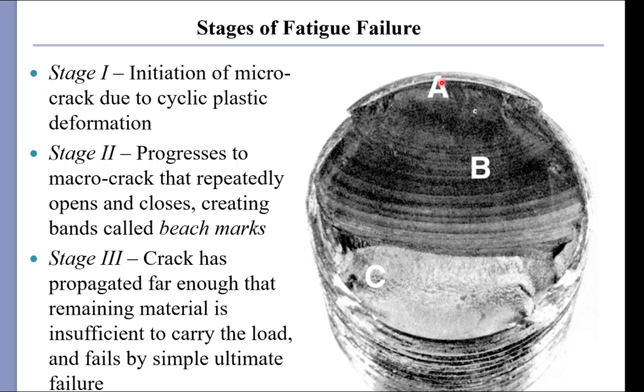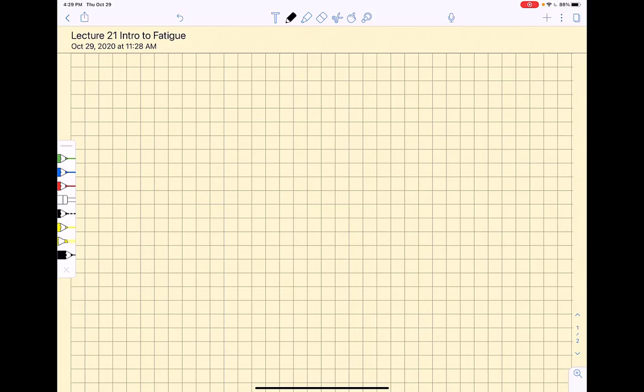Then those cracks grow according to linear elastic fracture mechanics, and with each cycle you get a slight growth of the crack length, which leaves this characteristic beach marking line. Eventually those cracks get so large that the remaining intact ligament cannot handle the applied load, and you get fast fracture.